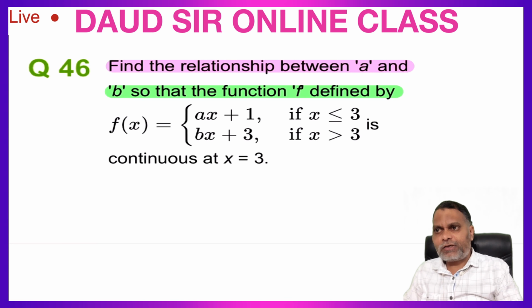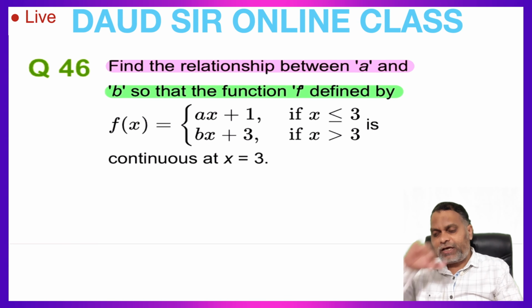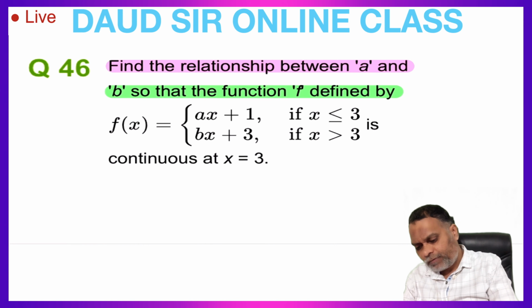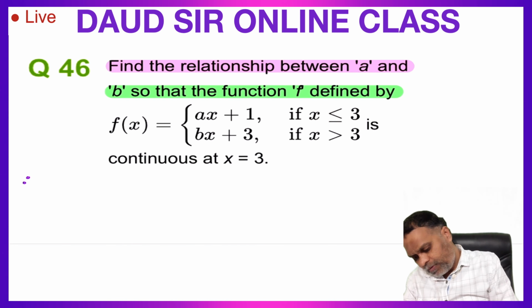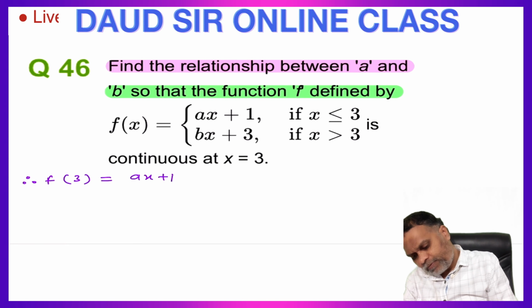We have to find out the relationship between a and b. So at x is equal to 3, the value of function is ax plus 1. Therefore, f of 3 is equal to ax plus 1. Put x is equal to 3, a into 3 plus 1, which is equal to 3a plus 1.